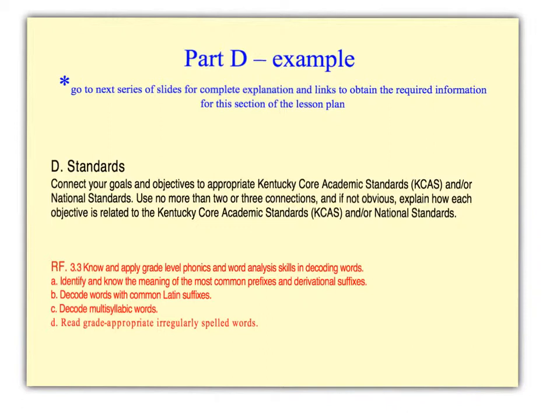individually. Look at the sample lesson plans that I have given you. There are numerous ones. Print them out. Look at the standards section, Part D, for the various lesson plans, and read closely the slides that I have provided here.